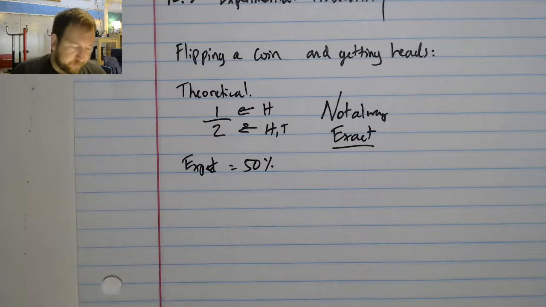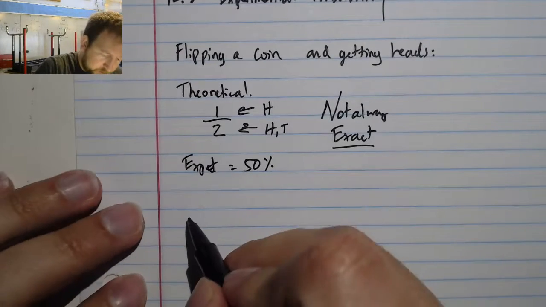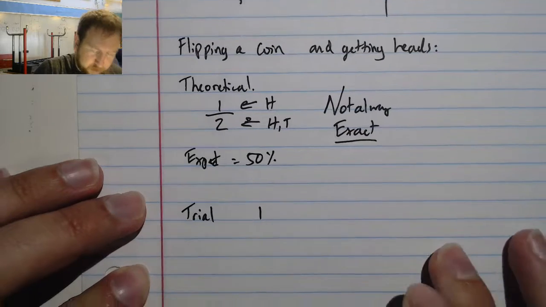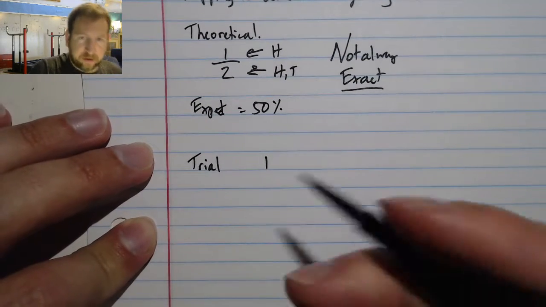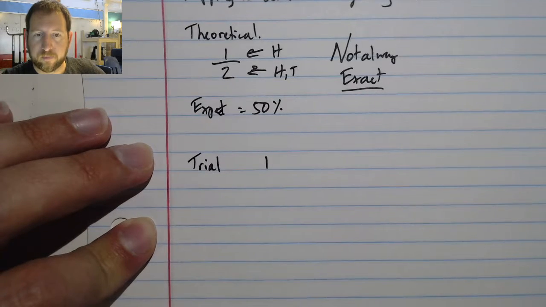Sorry, I dropped my marker cap. So for example, here we're going to set up a little table and we're going to test this and see how it works. I'm going to write my trial number, trial 1. I want to set it up how they set it up so we don't get confused.